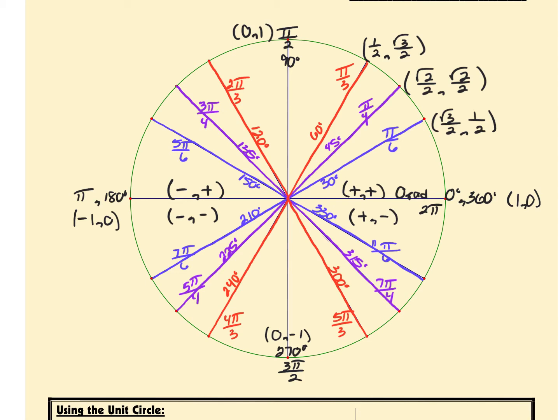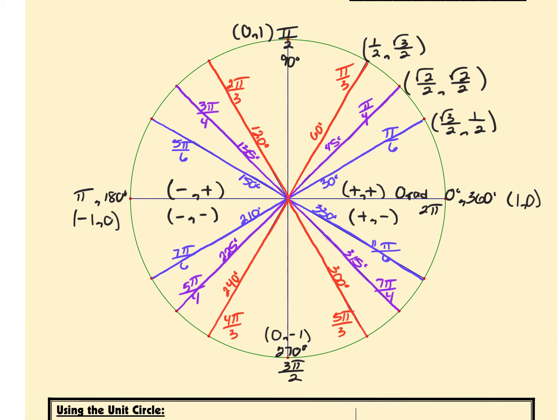If you remember this in terms of their signs, it's much easier, because instead of trying to memorize ordered pairs all the way around, you're only working with the first quadrant. And then these signs are going to allow us to utilize everything else that we need to do with the unit circle.